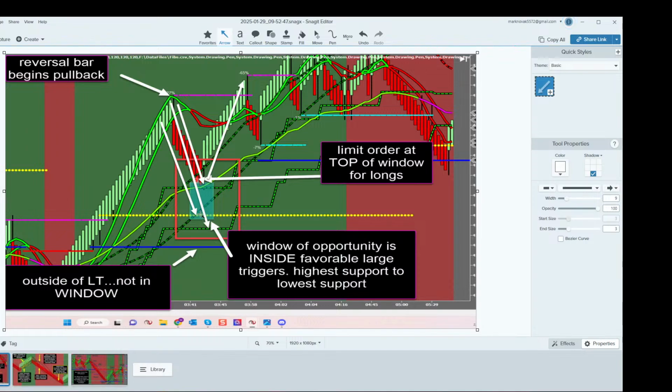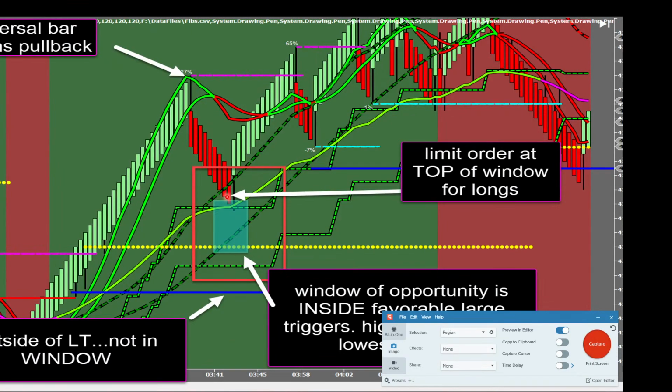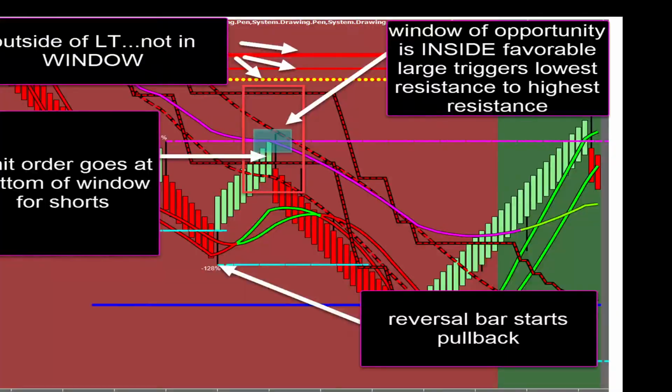And guys, the reality is you don't know which area it may bounce off of, but because of the large chart advantages, you are in at the top of that window. And any line on the wrong side of the triggers, anything below the triggers, beyond the retracement zone, beyond the bounce point, guys, this is the wrong side. This is outside of that window. This is not an entry. Once you get below those triggers, there is no telling if or where that market is likely to stop.